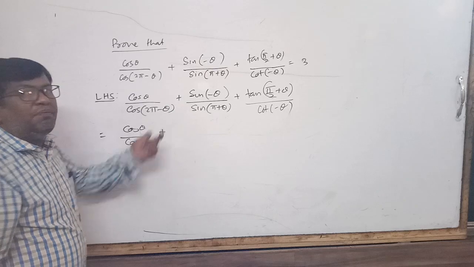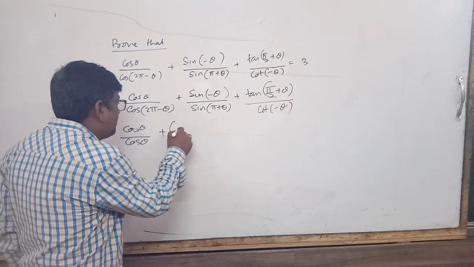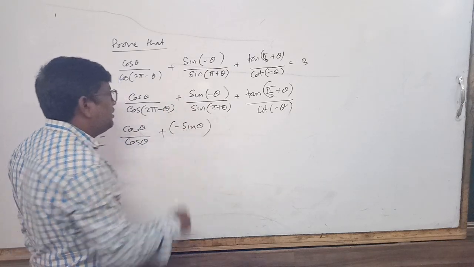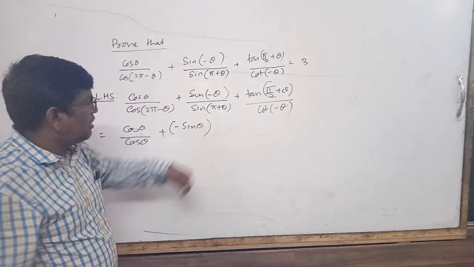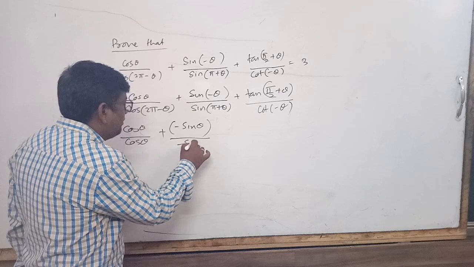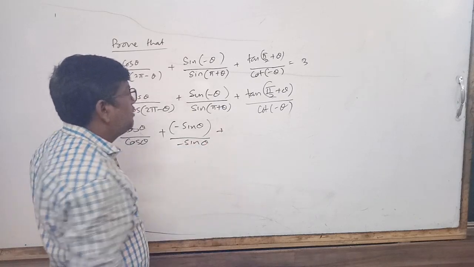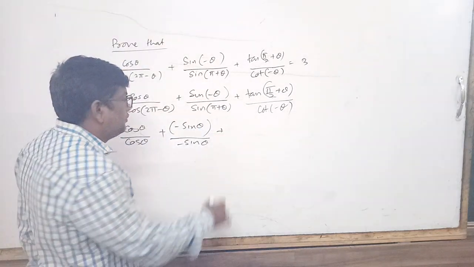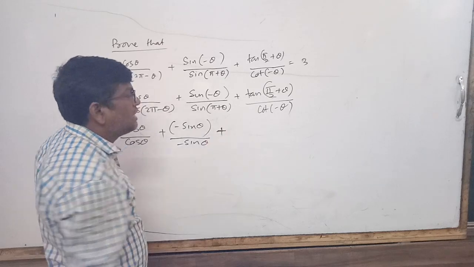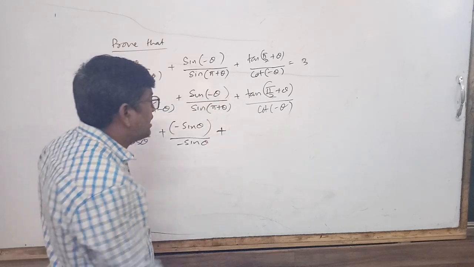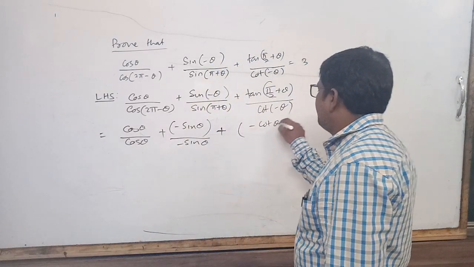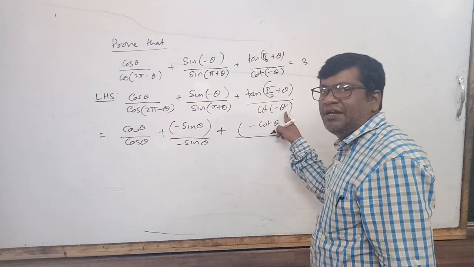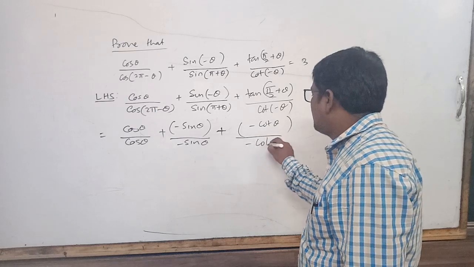We know sin of minus theta is minus sin theta, divided by sin pi plus theta. Pi plus theta lies in the third quadrant, so minus sin theta. Again tan pi by 2 plus theta lies in the second quadrant, so this is minus cot theta, divided by cot of minus theta, which is minus cot theta.